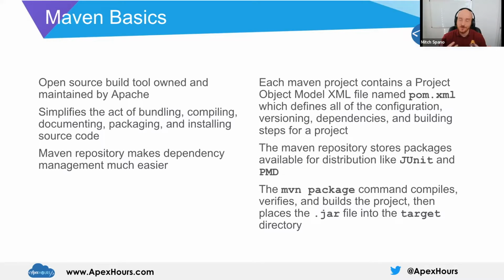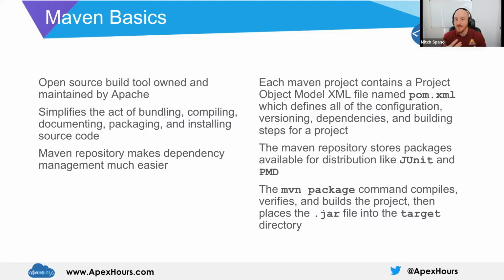If you're familiar with node development, you have a package.json that specifies these are the package dependencies that I need to fetch from the registry. There's a specific file called the project object model XML file. We call it pom.xml, which defines the configuration for versioning, dependencies, and all of the build steps to build a project.